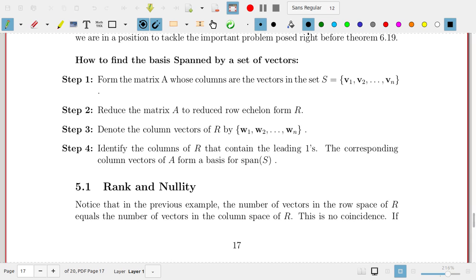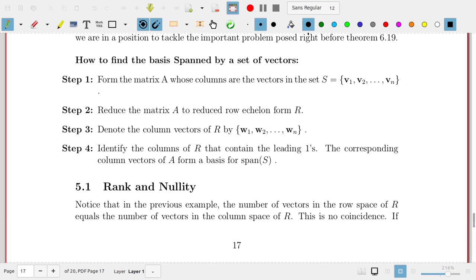What we do is form the matrix A whose columns are the vectors in that set, and then reduce that matrix to reduced row echelon form, RREF.